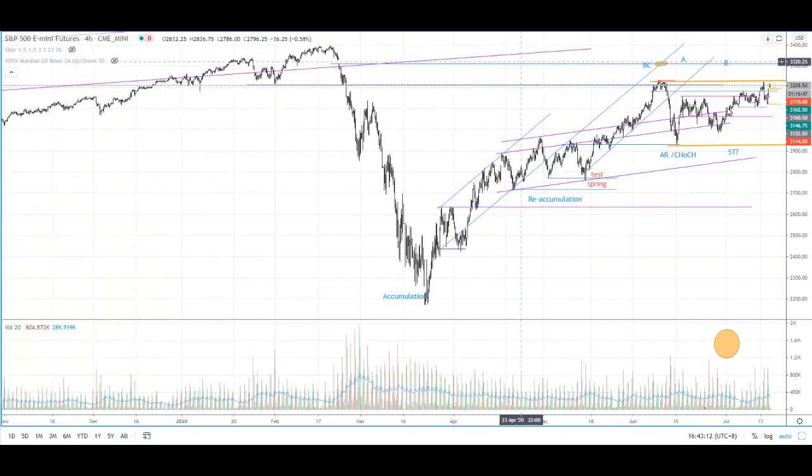That is the 3310 level, should we break above this 3230 swing high level here. So I talked about the bias, the key levels, and also the potential setup.